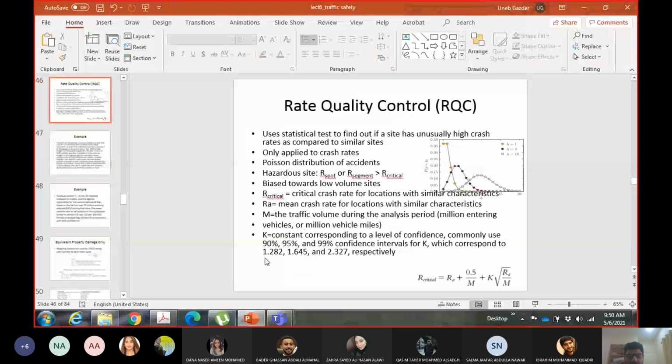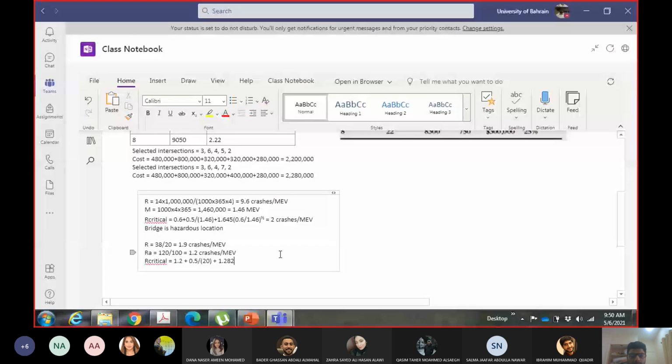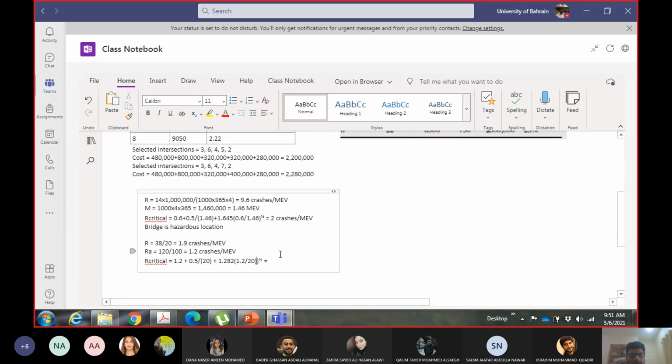For the 90% confidence interval, K will be 1.282, into 1.2 divided by 20. How much is it? 1.5. So the critical is 1.5. My crash rate is 1.9, so this section should be considered a hazardous location.